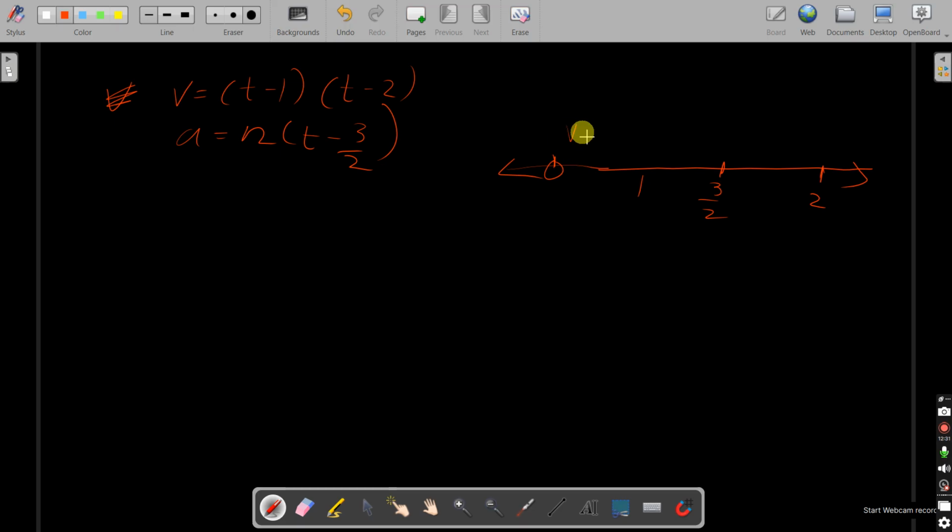Between 1 and 2, this will be negative, this will be positive. So this becomes negative, velocity will be less than 0. If t is greater than 2, then this will be positive, this also will be positive, so velocity becomes positive.